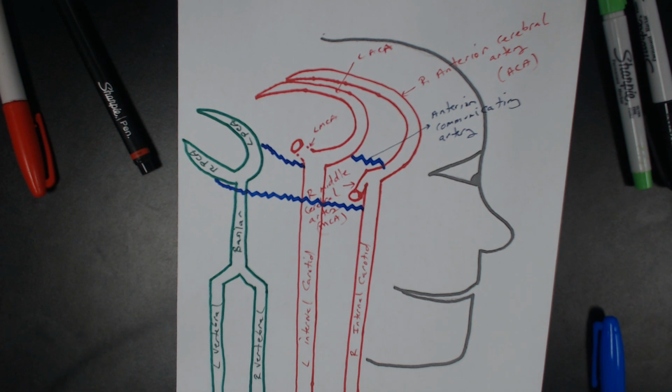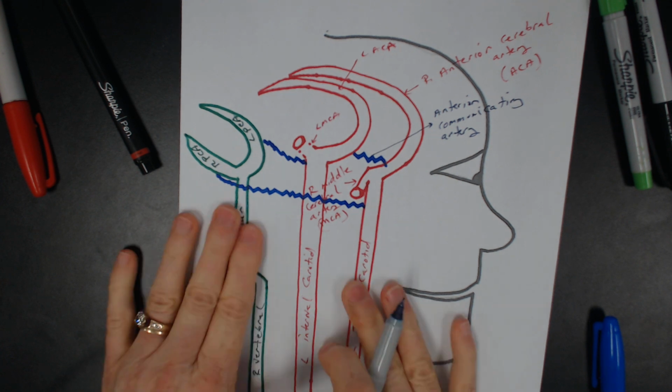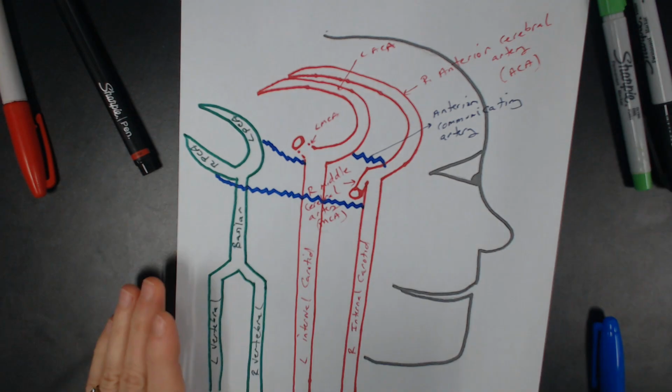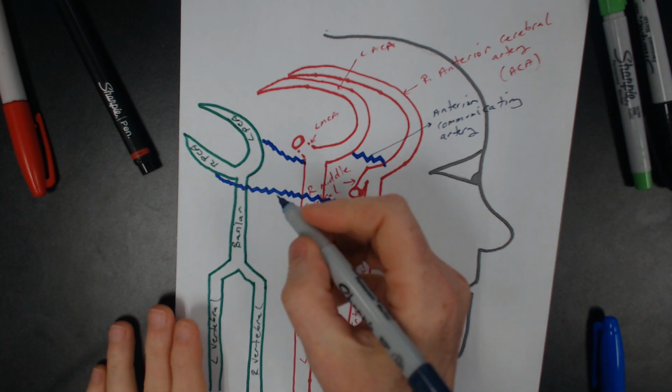These connect the anterior circulatory system with the posterior circulatory system. As you can see, the red's connected to the green on the left and right side. Okay, and these are your posterior communicating arteries.